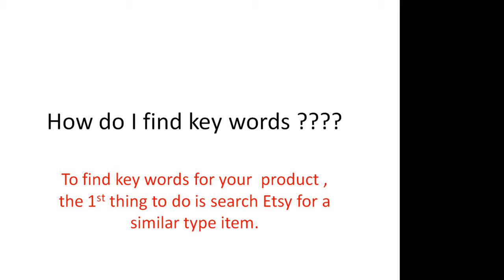The first thing you're going to do, though, before you ever go there, is figure out where to start to look for keywords. So when you get onto eRank, you know what you're doing and what words you're going to be researching. So the first place you start to find new keywords, whether it's a new product that you're getting ready to list or an old product you're revamping, is to look on Etsy for similar type products.